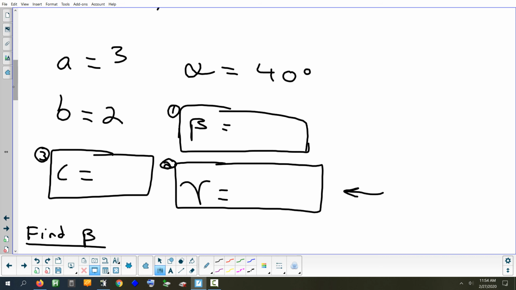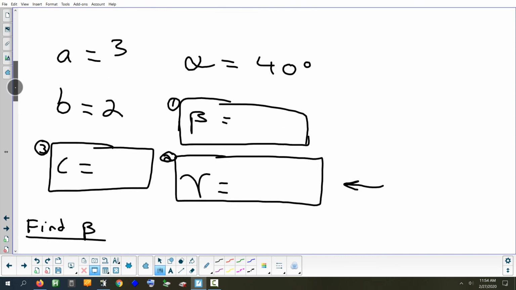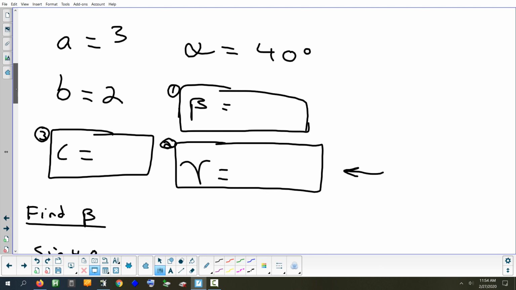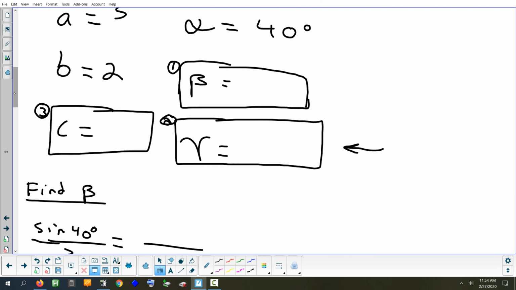Do you remember what always goes in the top of the fraction? There's something you can always write in the top of the fraction. Sine 40. Yeah, you can always put sine, no matter what the problem is. Just start with sine. Sine 40 divided by 3. You got to keep the fractions with the same row. So sine 40 over 3 equals, Kaya, what would go on the right side?